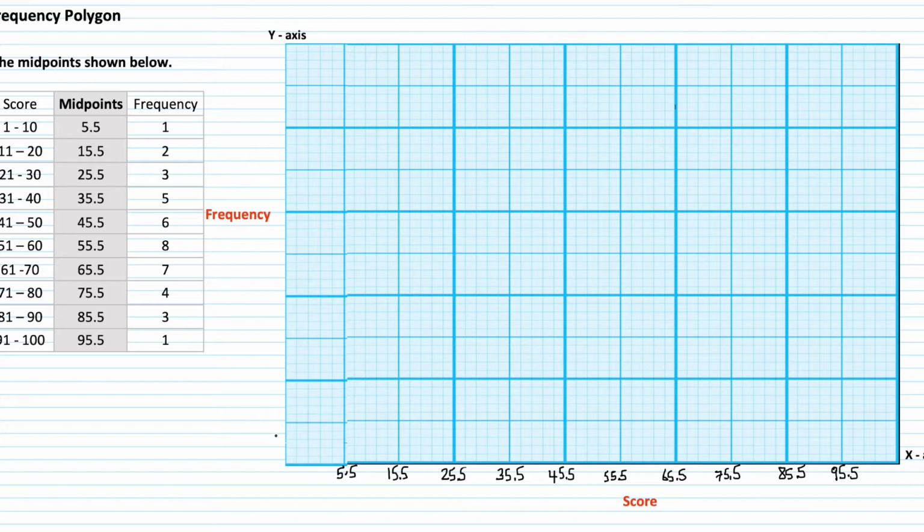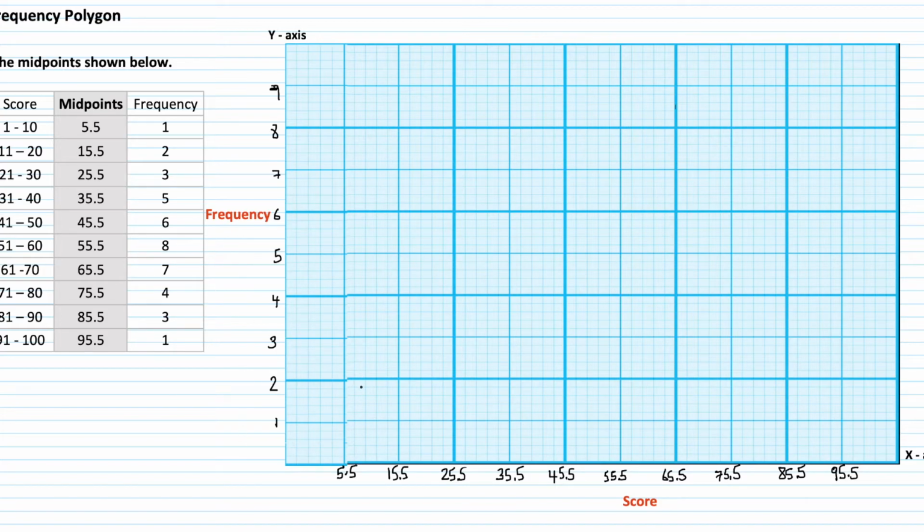On the y-axis, we're going to use 1 centimeter to represent 1 unit. Now, let's see if we can just go up to 9. Alright, so all we need to do now is to plot the points.